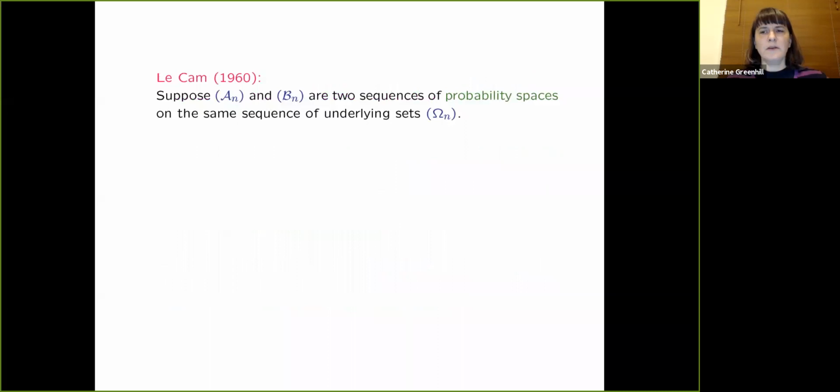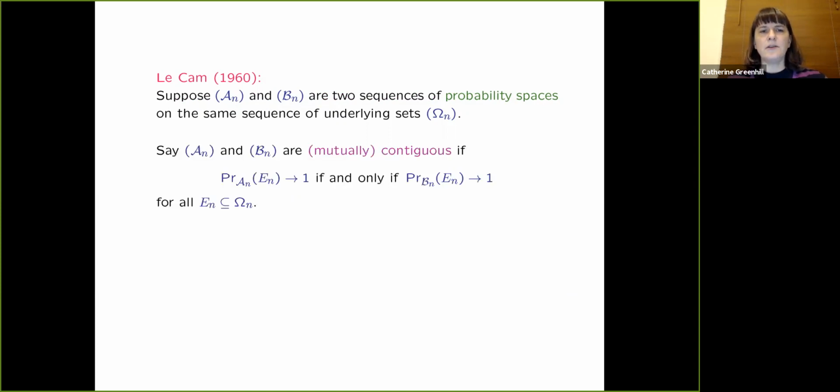Okay, so what is this contiguity of which we speak? It was introduced by Le Cam in 1960. And you need 2 sequences of probability spaces defined on the same sequence of underlying sets. And you say that the 2 sequences are mutually contiguous if the same events have probability which tend to 1 in both spaces.